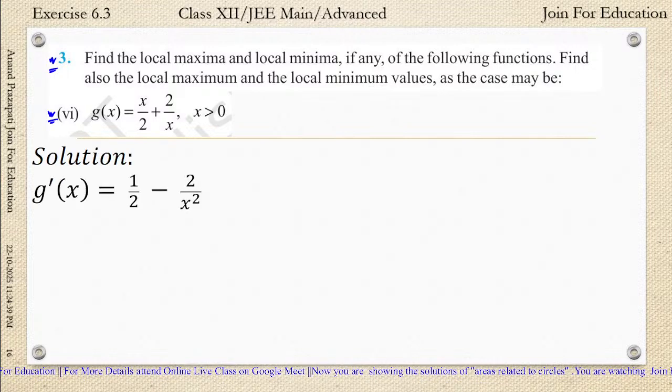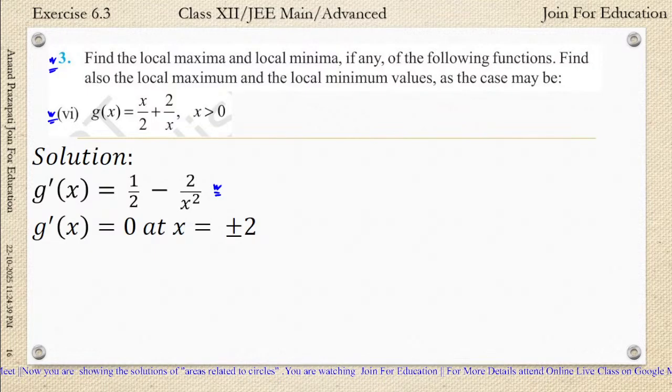First derivative of g x, which is g dash x, equal to 1 by 2 minus 2 by x square. After this there is no problem to understand up to this step. If you have attended the online live class on Google Meet.